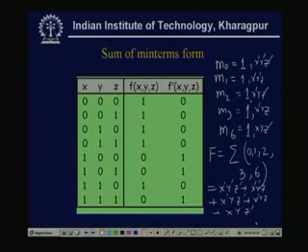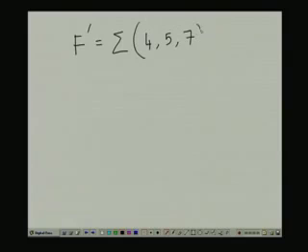Now, if we take the f complement, see here only m4, m5 and m7 exist. So, f dash will be sum of 4, 5, 7.